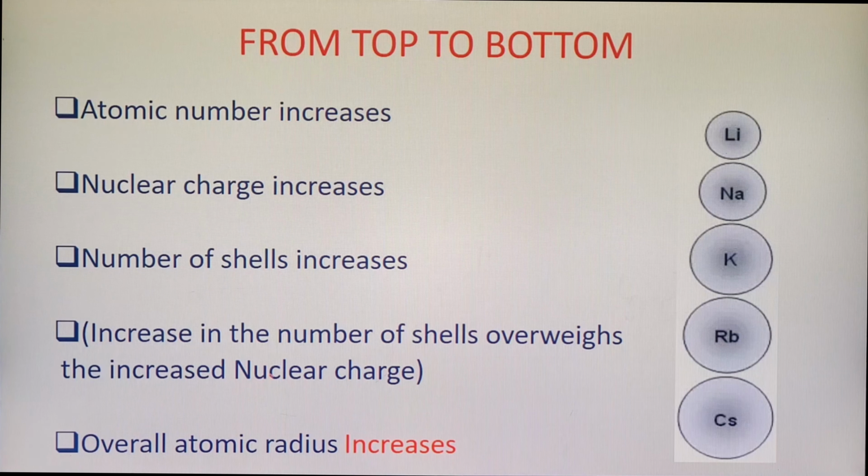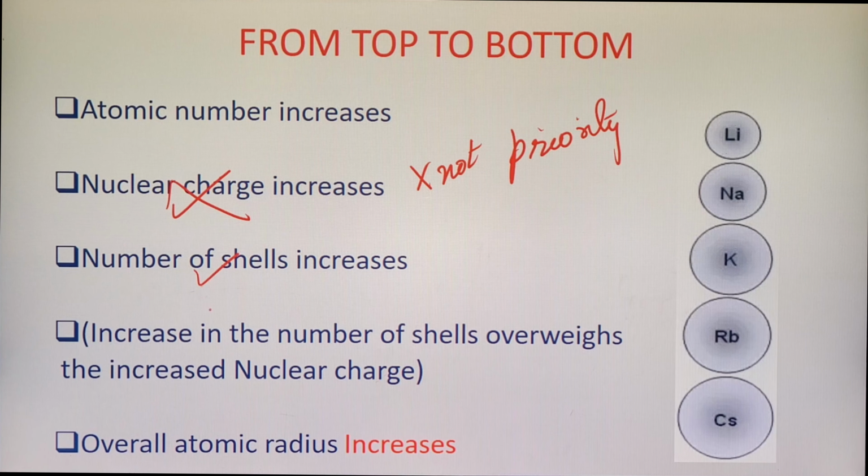So if you are given an option between the number of shells and the atomic number or the nuclear charge, nuclear charge is not the priority here. Whenever there arises a situation where you have to decide which one to take, will it be nuclear charge or will it be the number of shells?